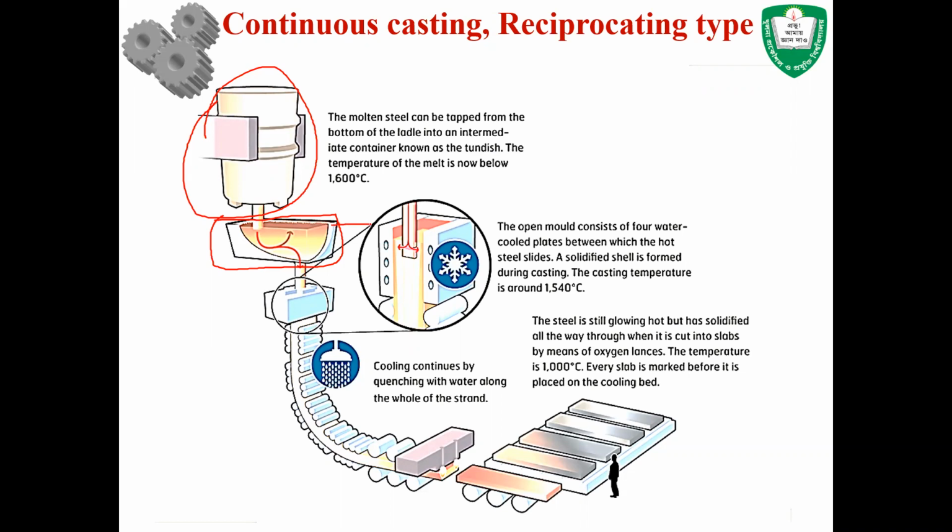The height of the reservoir has to be kept always constant. That means the liquid height in this container has to be constant, and that is maintained by the floating valve, or sometimes the hole provided here that can be adjusted to control the flow of molten material from the ladle to this holding container.